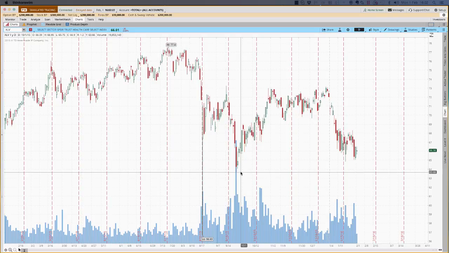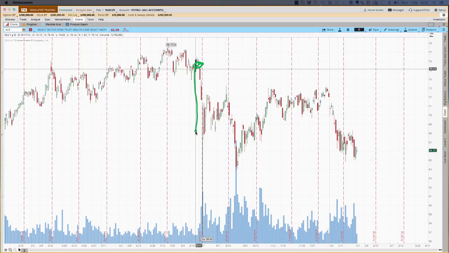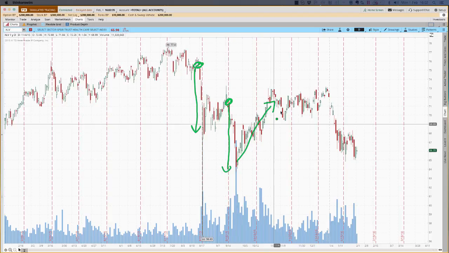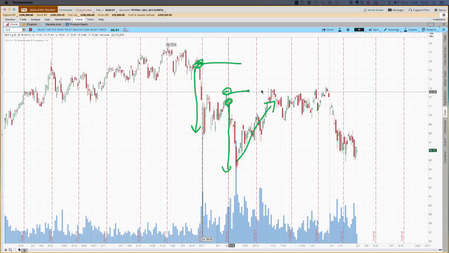Instead, we're trying to find those points where there has been a significant imbalance in supply and demand. That imbalance causes the equilibrium of buyers and sellers to go out of alignment at a dramatic extreme and then back into alignment. When those imbalances happen, that's when I'm interested in these levels on the chart.